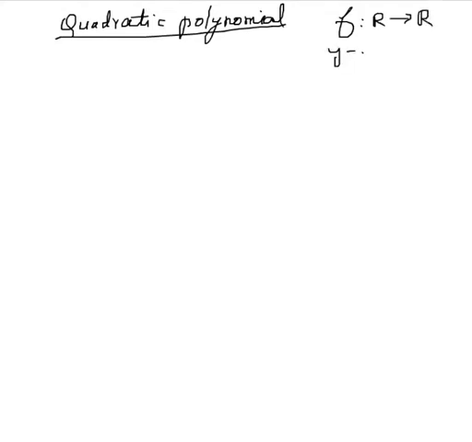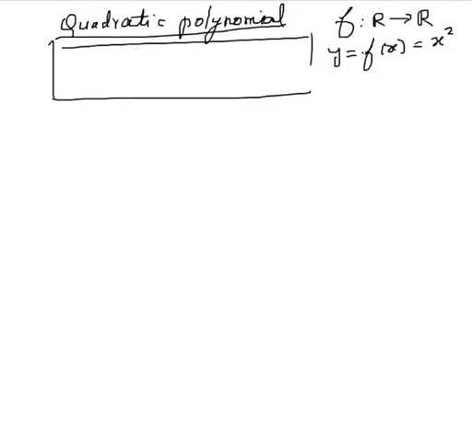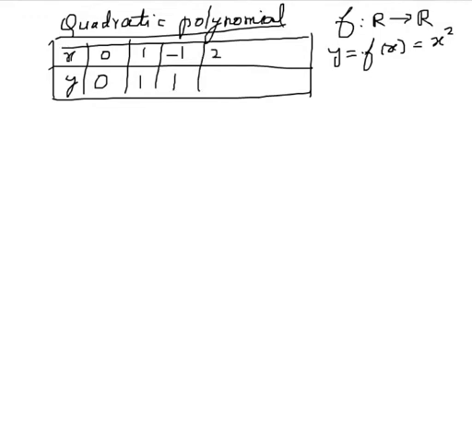Y is equal to f of x is equal to x square. Let's draw the table for this. If x is 0, x square, 0 square is 0, 1 square is 1, minus 1 square is also 1, 2 square is 4, and minus 2 square is also 4.